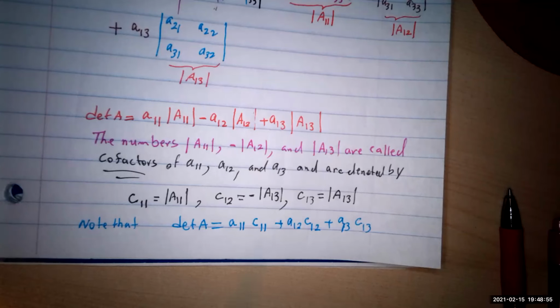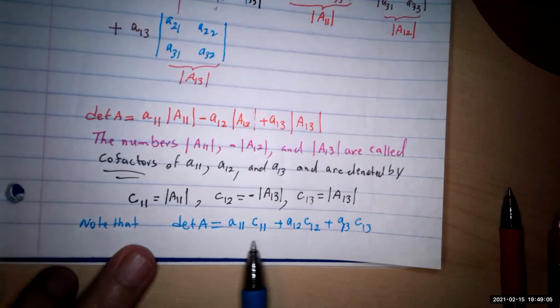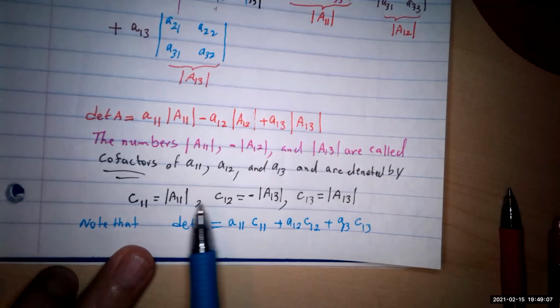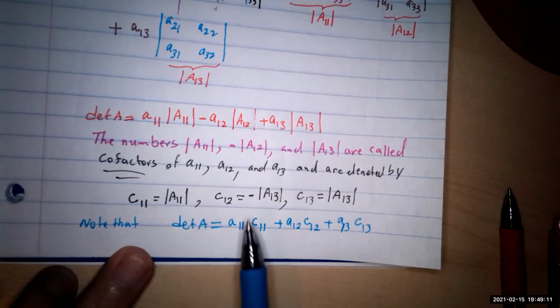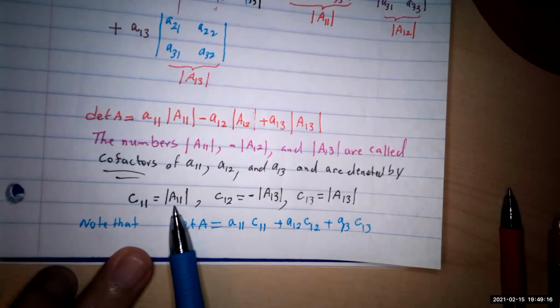And what are these numbers that we have? We already talked about it. The numbers are going to be the determinants of these matrices. Some of them are positive, some are negative, depending on the row and the column.